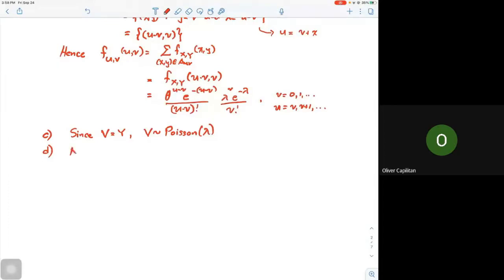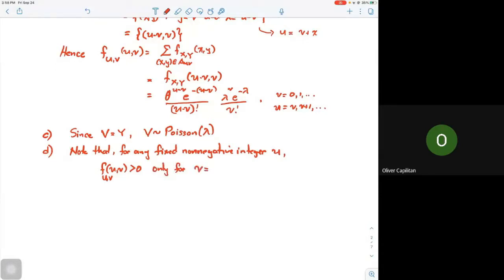So note that for any fixed non-negative integer u, our joint PMF is positive only for v equal to 0, 1, up to u.